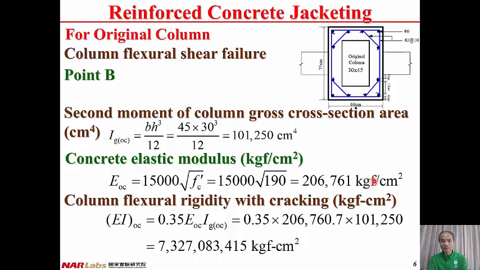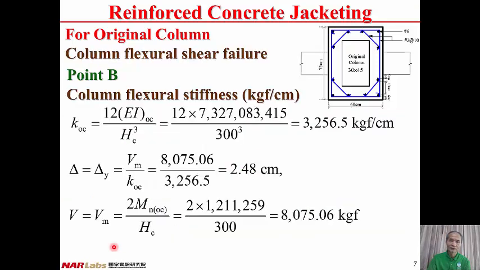And the column flexural rigidity with the consideration of cracking equals 0.35 Ec, the elastic modulus of the original column, times Ig. Ig is the second moment of the original column. And that's the value here.